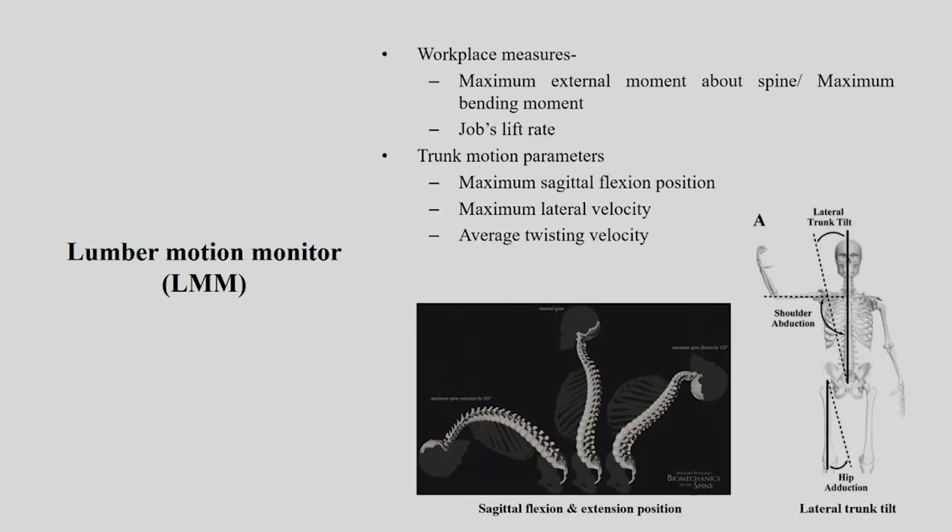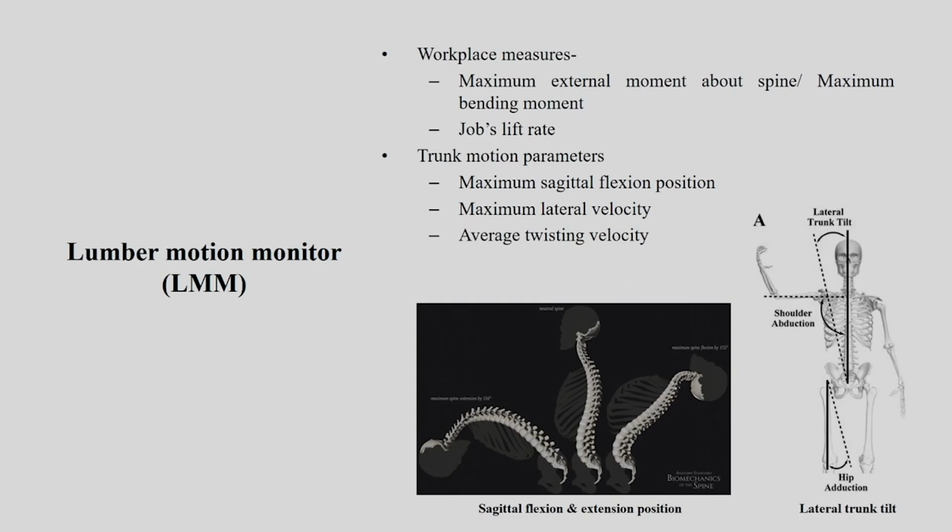So under this workplace measurement, what are you going to get? Maximum external moment about the spine, or maximum bending moment, and job lift rate. Under trunk motion, you are going to get maximum sagittal flexion, which I explained earlier, lateral velocity and twisting velocity.